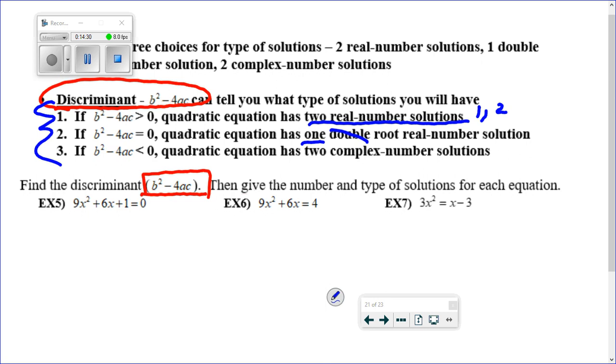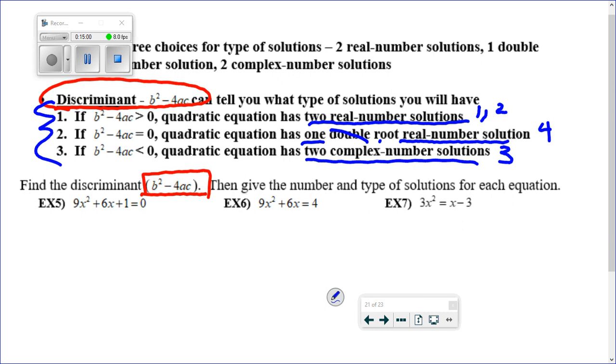Don't worry about the double, we'll talk about that more later. That was example 4. And if your discriminant was negative, it's going to have two complex solutions. That was like question 3. So find the value of the discriminant and then just tell me what type of solution it would have for each one. So same thing here.